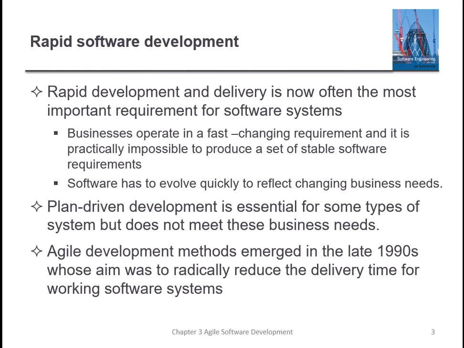Agile development methods emerged in the late 1990s, and their aim was to radically reduce the delivery time for working software systems by accommodating changes in the requirements from stakeholder requests. So due to the evolution of business, technology change, or customer needs changing over time, agile development accommodates these changes and assures quick delivery.